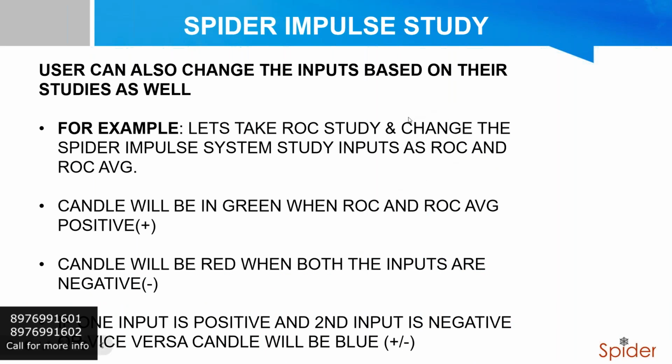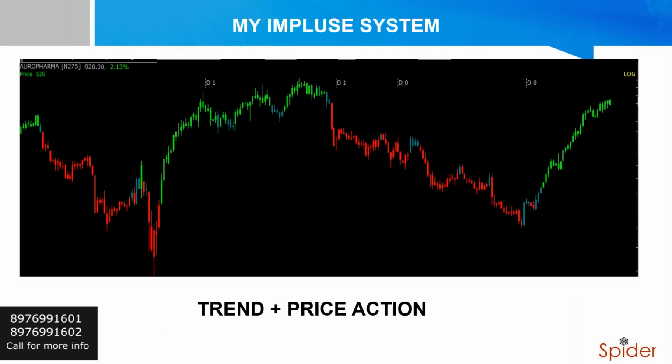I took the example of ROC: just change the input of the Spider Impulse System study to ROC and ROC average. The candle would be green when both inputs are positive, red when both are negative, and blue when one is positive and the other is negative.